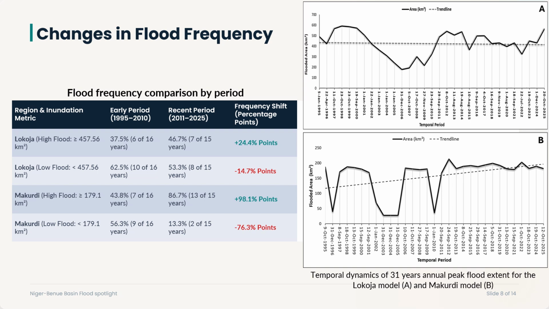Analyzing this data by flood frequency shows that the flood frequency of the years is falling below the higher magnitude, higher frequency threshold by 14.7%. This suggests that low years are being replaced by moderate magnitude flooding events.